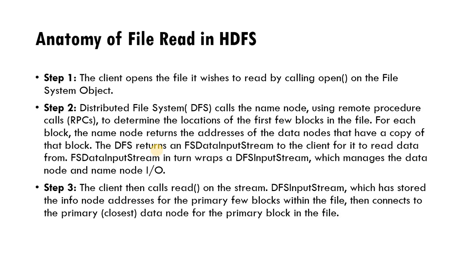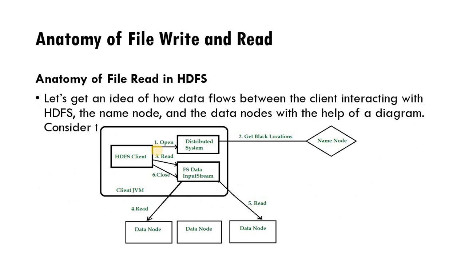For each block, the name node returns the addresses of the data nodes that have a copy of the block. The DFS returns an FS data input stream to the client for it to read data from, and FS data input stream in turn wraps a DFS input stream, which manages the data node and name node input and output. So when the client requests to open a particular file, the distributed file system connects to the name node and asks for the location of this file.